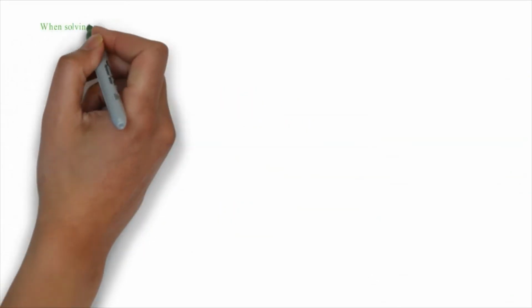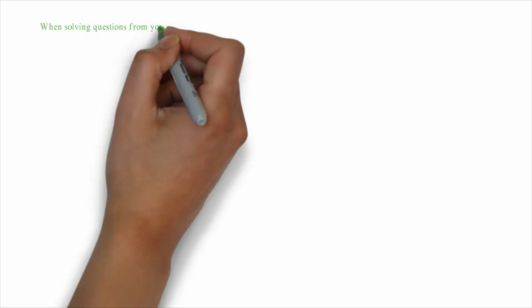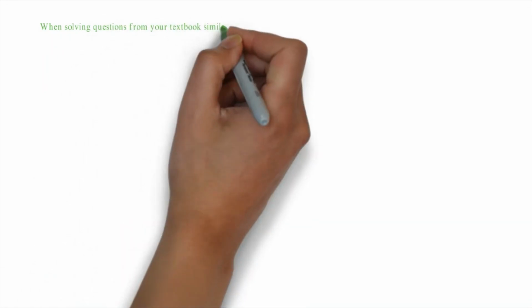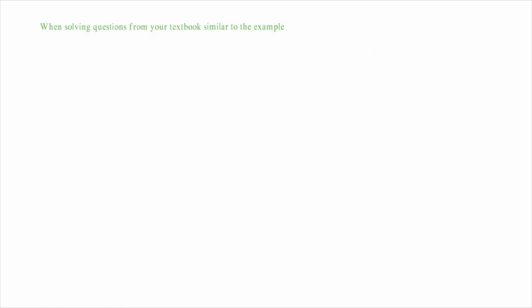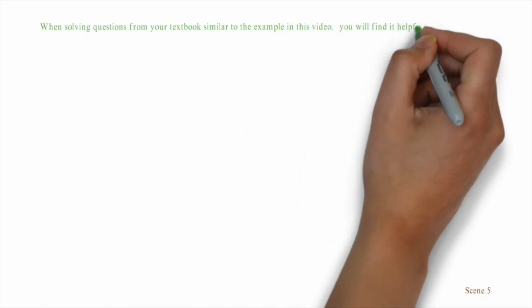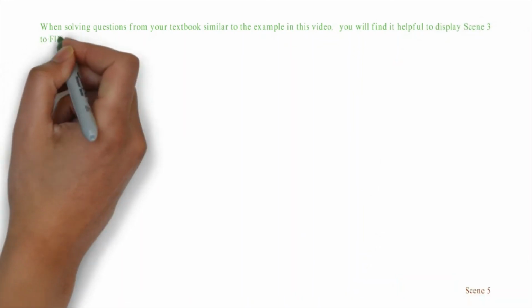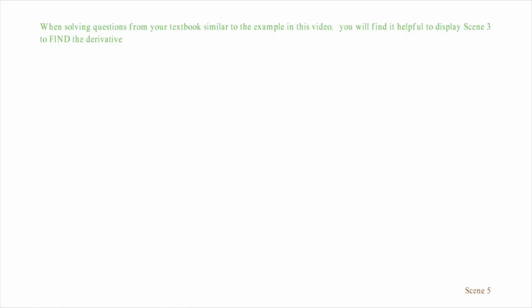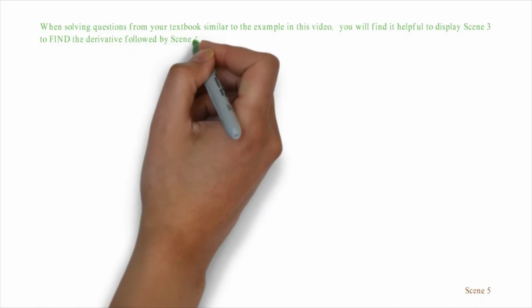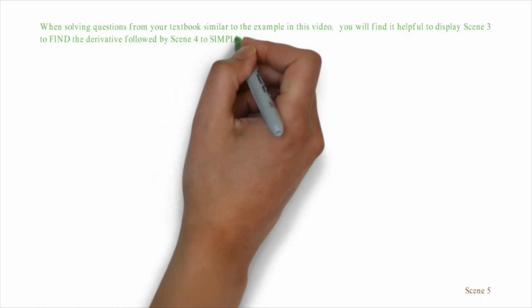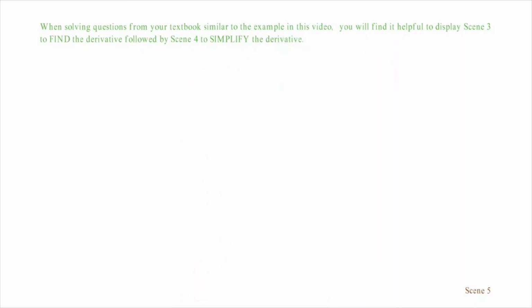When solving questions from your textbook similar to the example in this video, you will find it helpful to display scene 3 to find the derivative, followed by scene 4 to simplify the derivative.